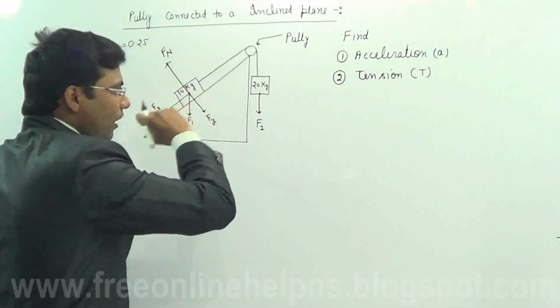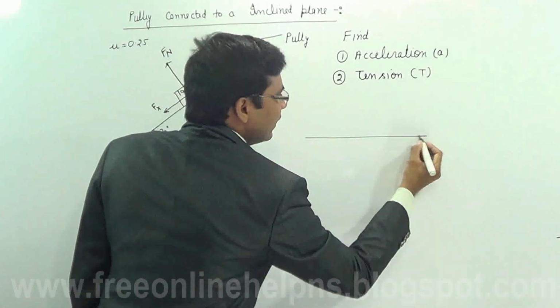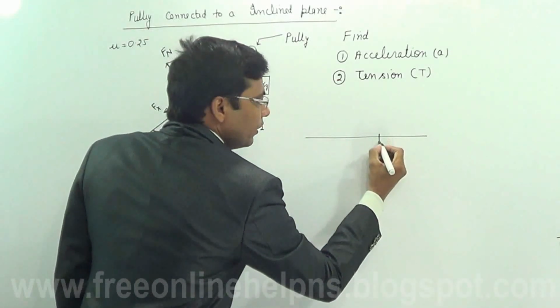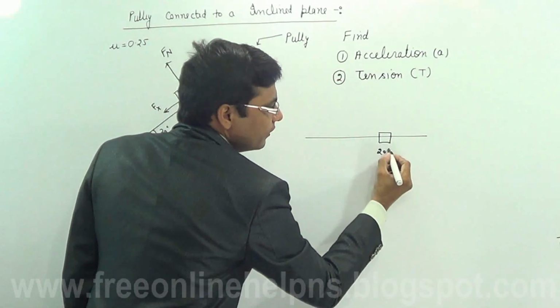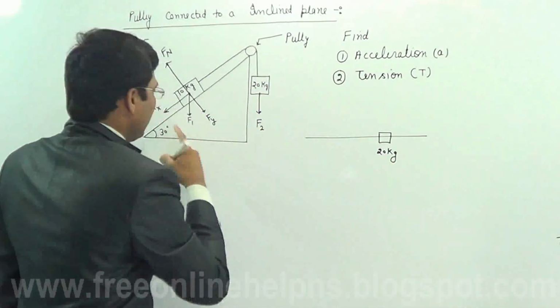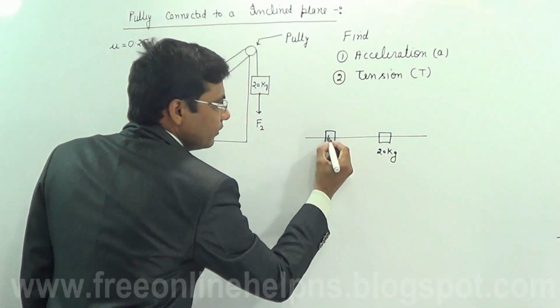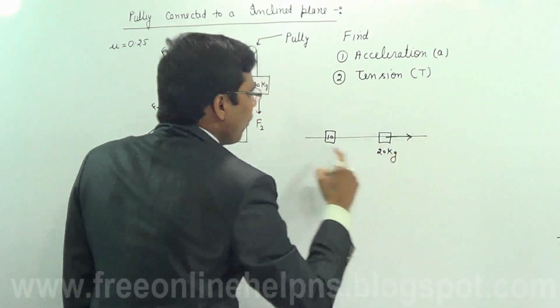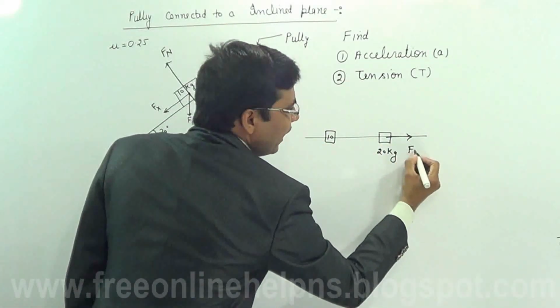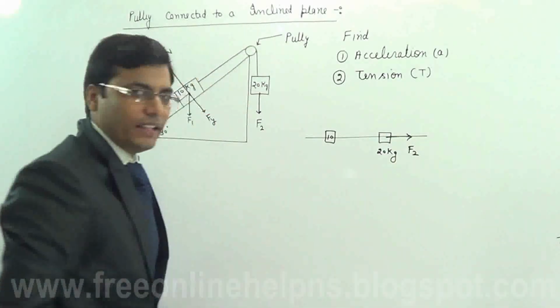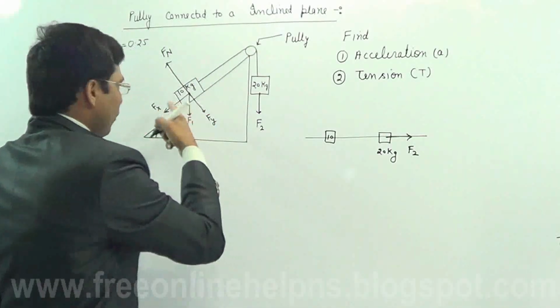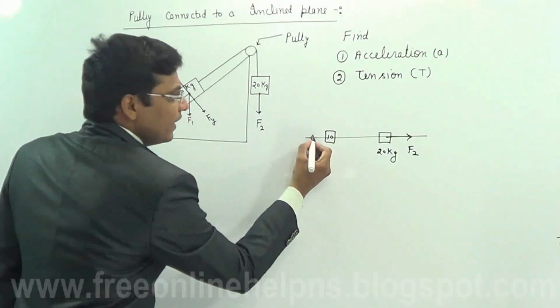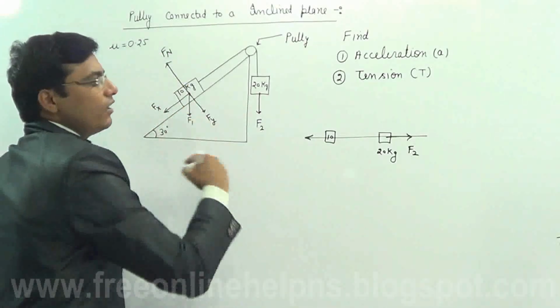If we draw it in a linear situation, here is the 20 kg block and here is the 10 kg block. On the 20 kg block, a force F2 is acting in the clockwise direction, and Fx is acting in the anti-clockwise direction.